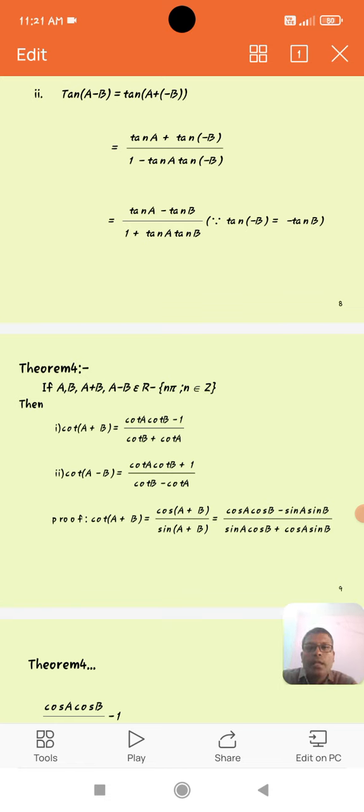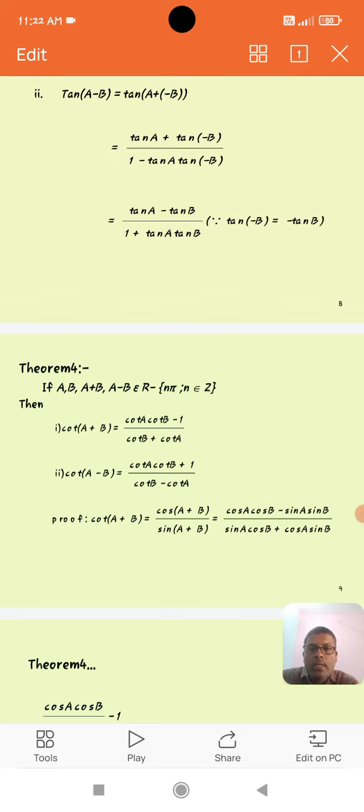If a, b, a plus b, a minus b belong to R minus n pi, n belongs to Z, then cot of a plus b is equal to cot a cot b minus 1 by cot b plus cot a.